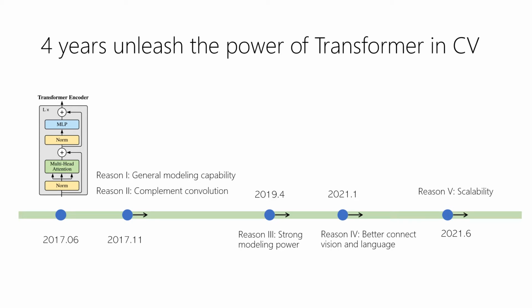In the following, I will describe these 5 reasons in more detail, as well as introduce related works. In particular, I will also introduce Swin transformer in detail, which is a general-purpose backbone for computer vision. It basically exploits the third merit of transformer.